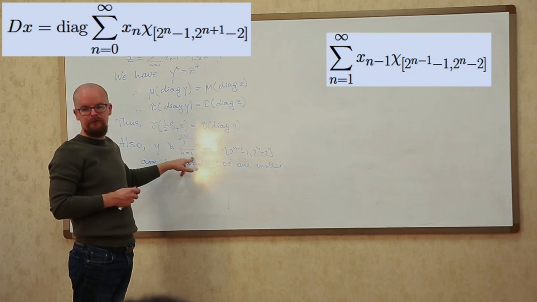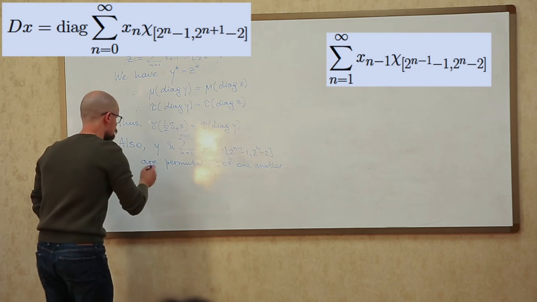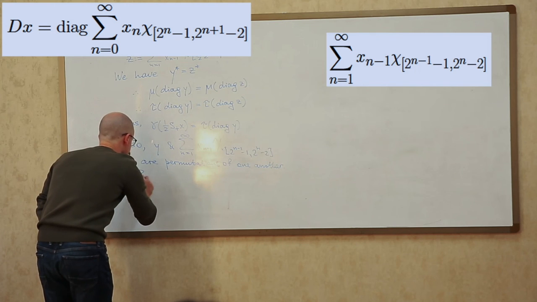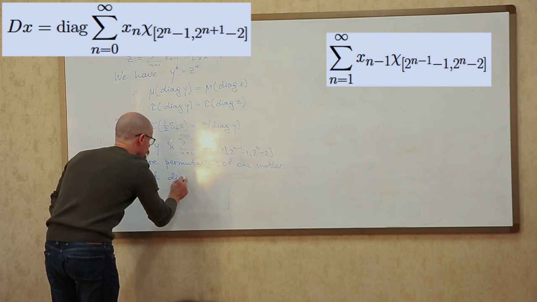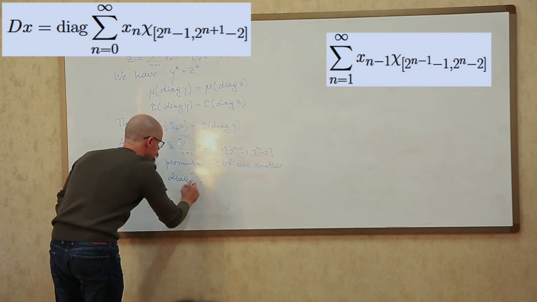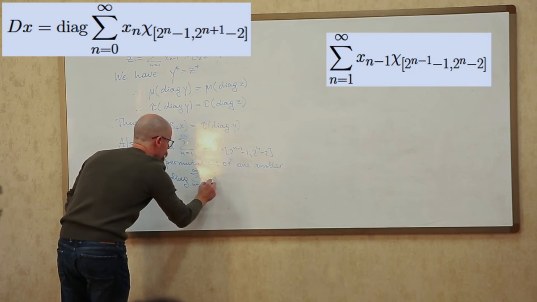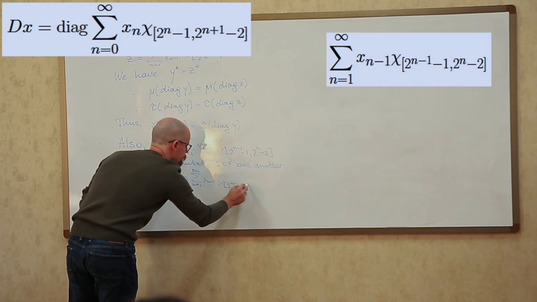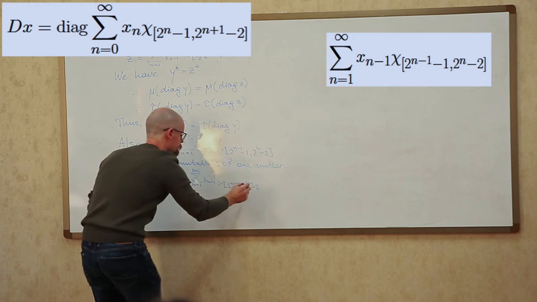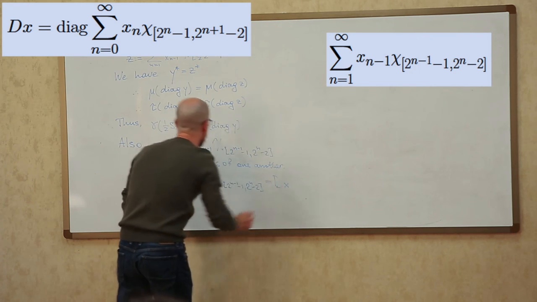In the definition of d, we're summing from n equals 0. Well, the decreasing rearrangement of this second sequence is nothing but dx.